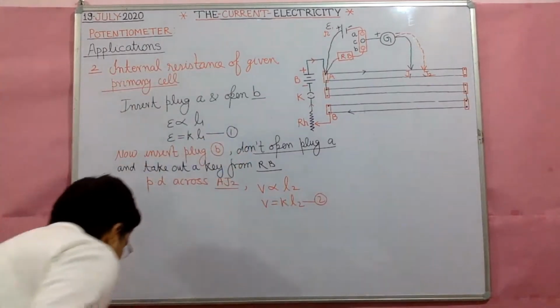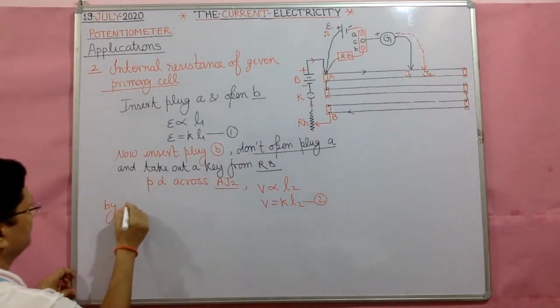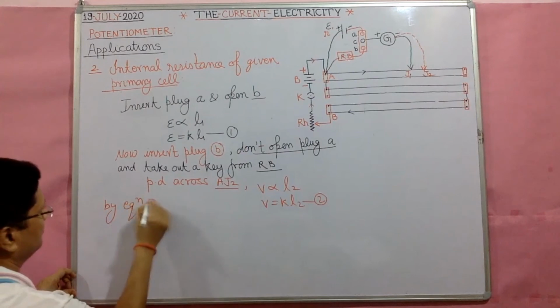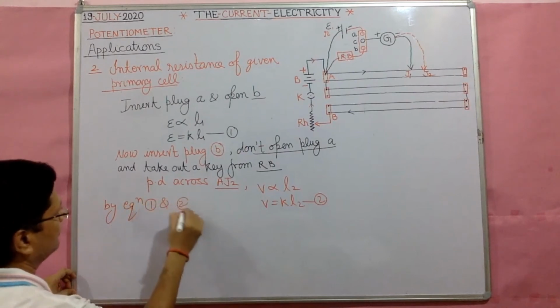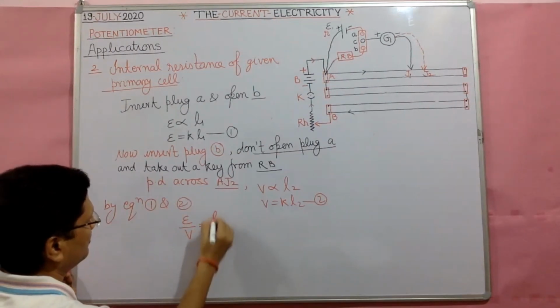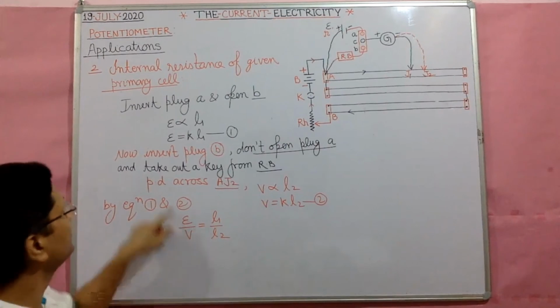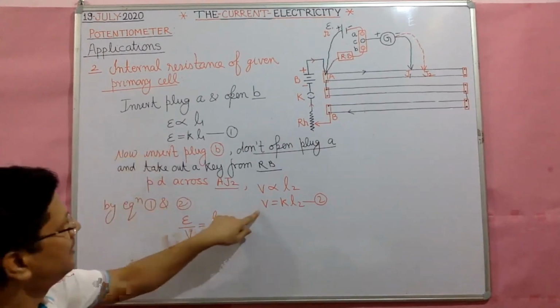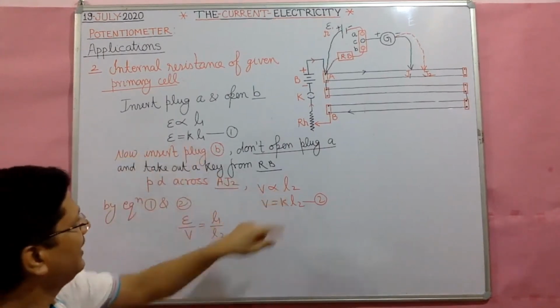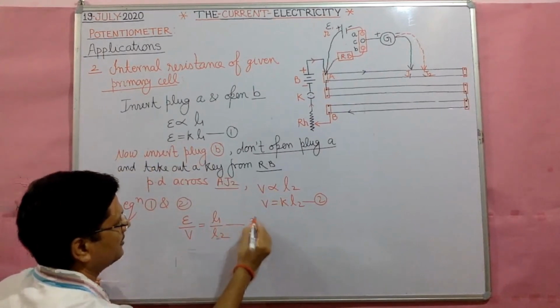By equations 1 and 2, E upon V is equal to L1 upon L2. K cancels out, and we get L1 upon L2. This is equation number 3.